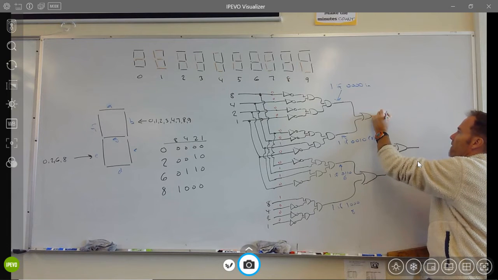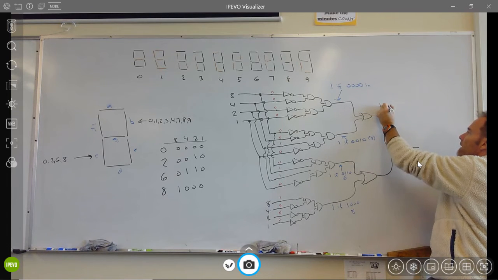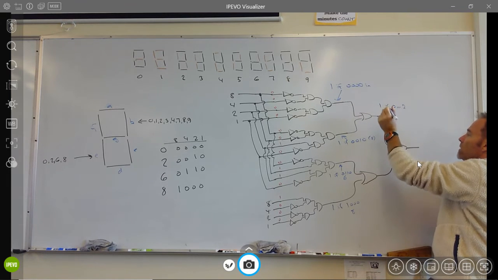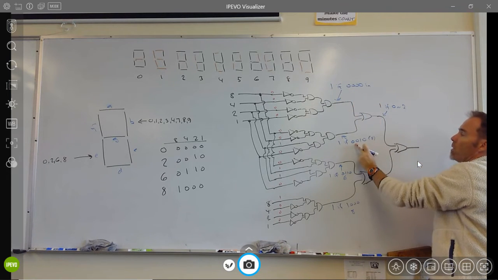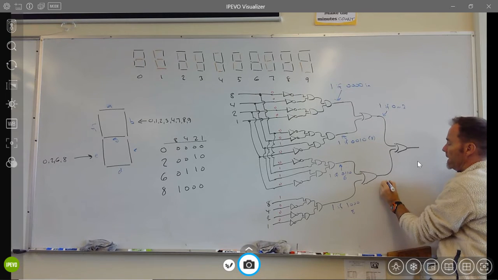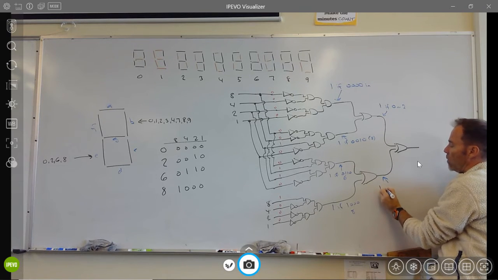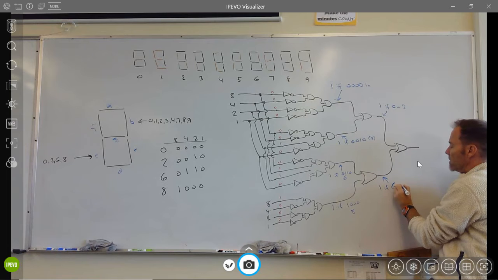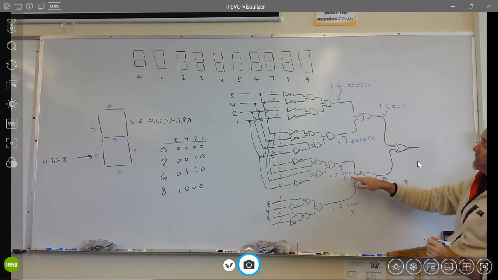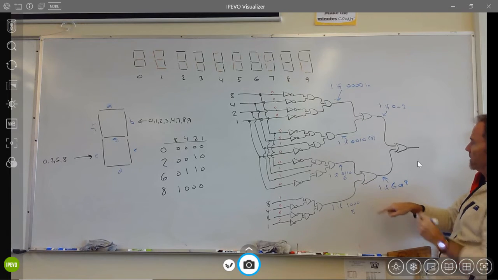So that makes, with an OR gate, a 1 if basically 0 or 2. So 0, 0, 0, 0 or 0, 0, 1, 0. This guy right here, I have a 1 if I have a 6 or 8. So 0, 1, 1, 0 or 1, 0, 0, 0.